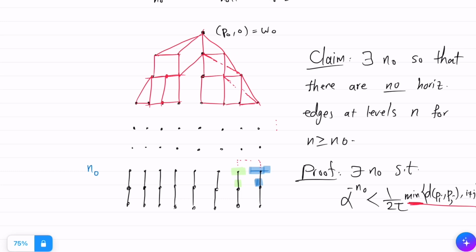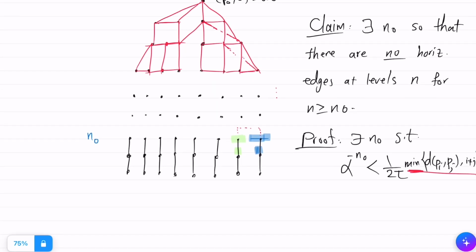Okay, so I'm going into details of these examples because I will bring them back up later for many reasons. So here, possibly there are some horizontal edges, but at some point they will die down.